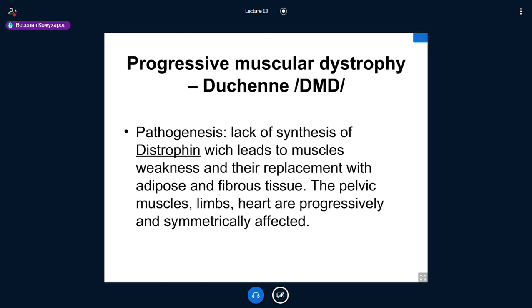The lack of this protein leads to muscle weakness, and the replacement of the muscle tissue with adipose and fibrous tissue makes our muscles inactive, and unfortunately it has progressive involvement of the limb and pelvis muscles, trunk muscles, and heart, and it's usually symmetric involvement.